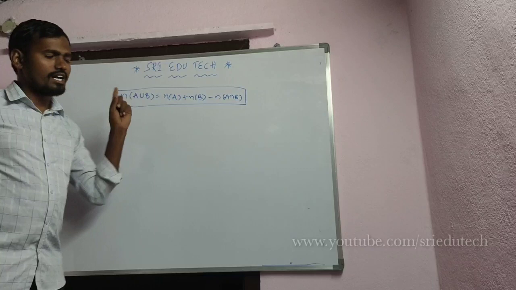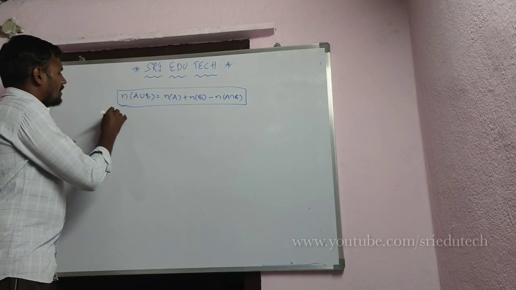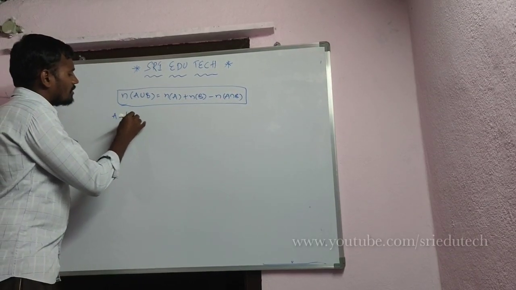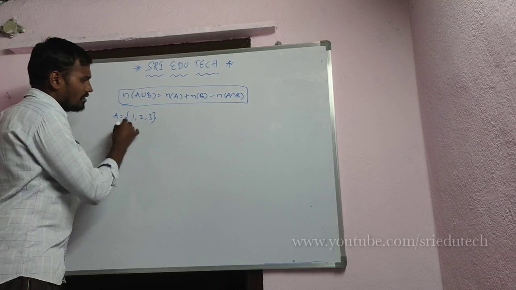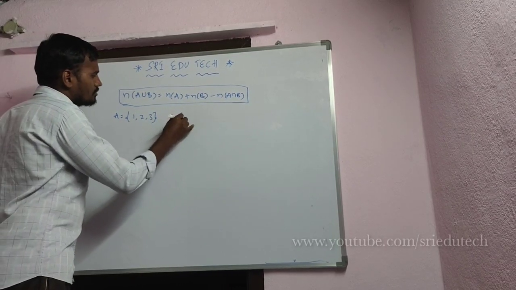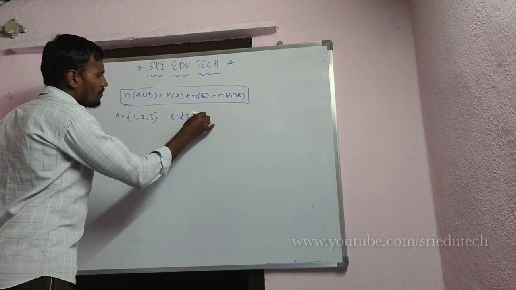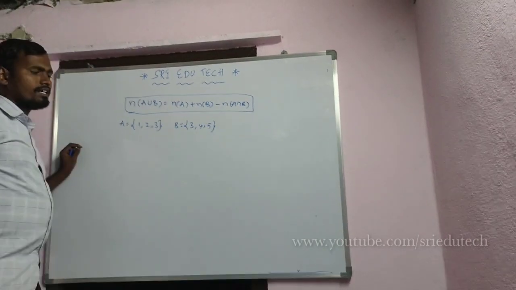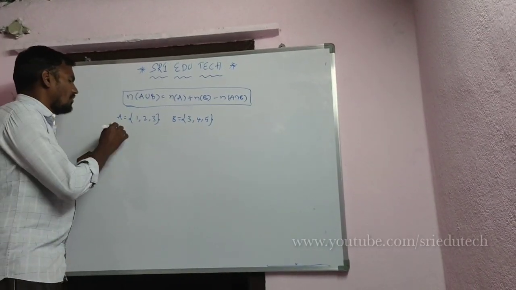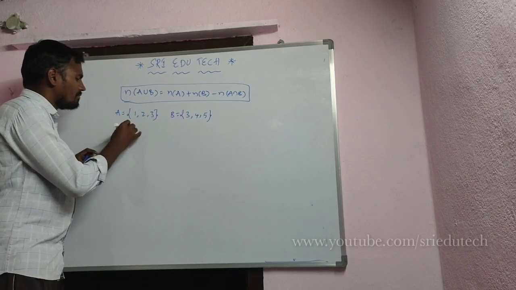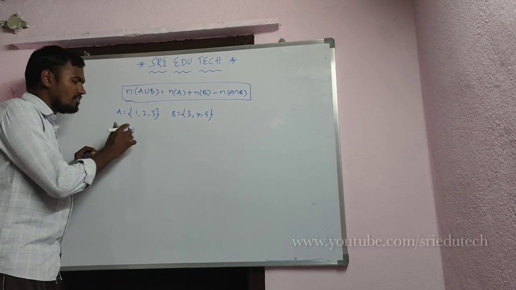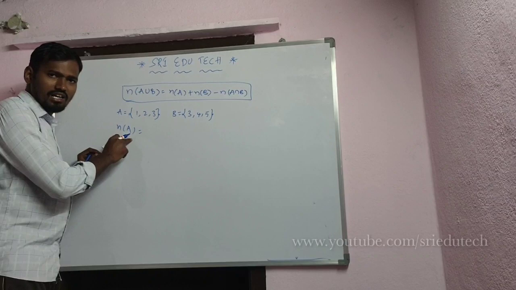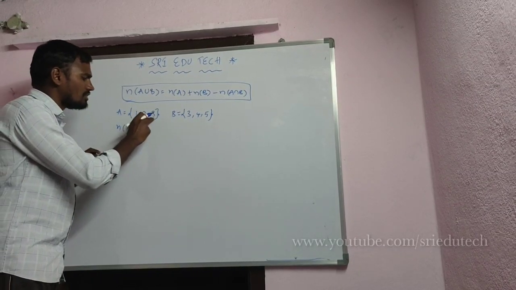See, let us see. A is equal to 1 comma 2 comma 3, then B is equal to 3 comma 4 comma 5. See, N of A means number of elements in A. How many elements are there? 1, 2, 3.